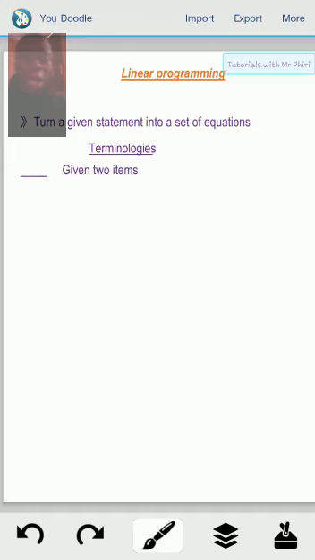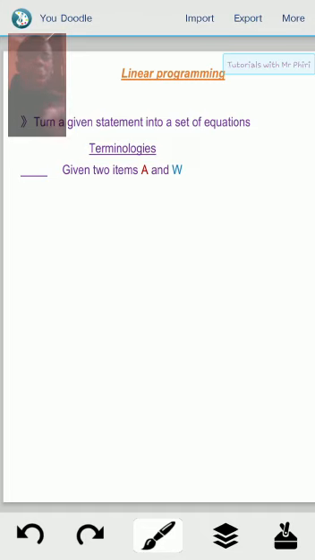So given two items, we can pick any letters. Let's say item A here, and any other letter, let's say W. So given two items A and W, these could represent anything.